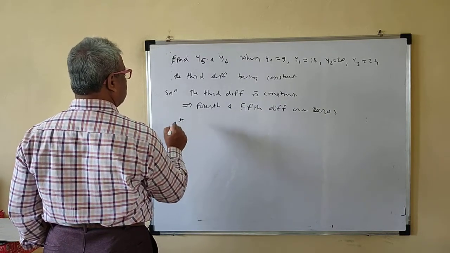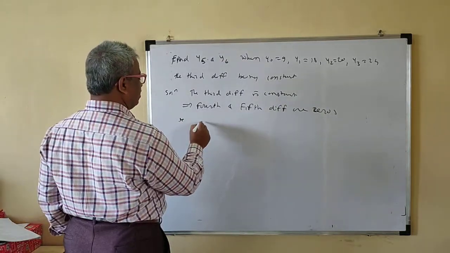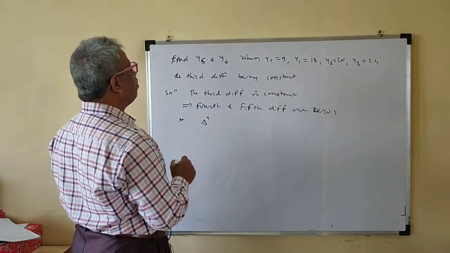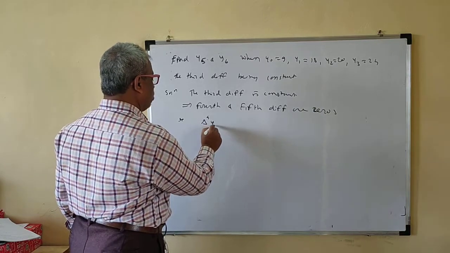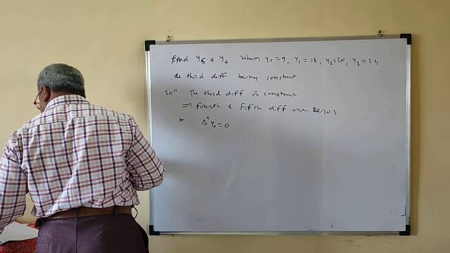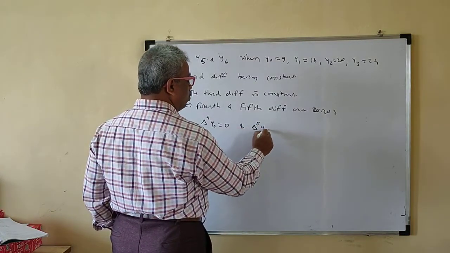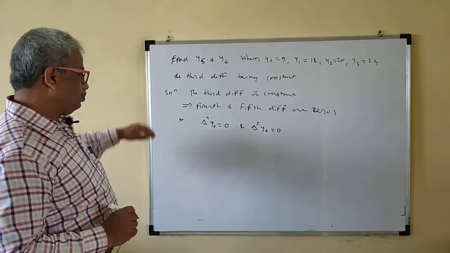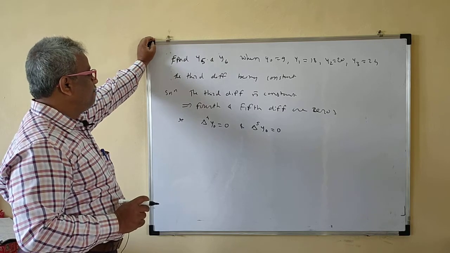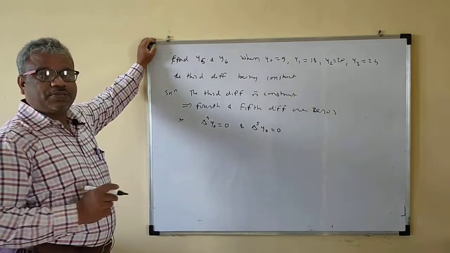So that is delta to the power 4 y0 is equal to 0, and delta to the power 5 y0 is equal to 0. Okay, so no problem for this one.